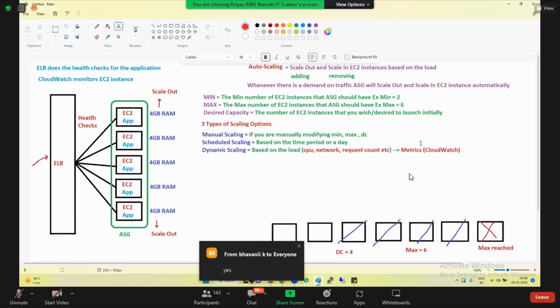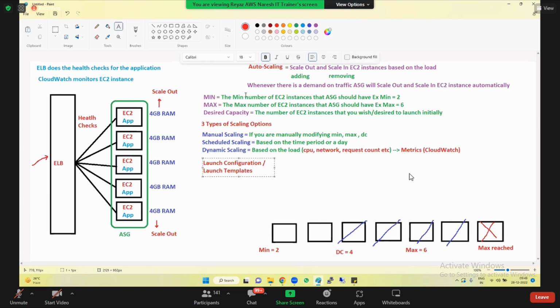And then that AMI can be attached to this auto scaling group. For that, there is a concept called launch configuration, or you can call it launch templates. Write down: launch configurations or launch template.